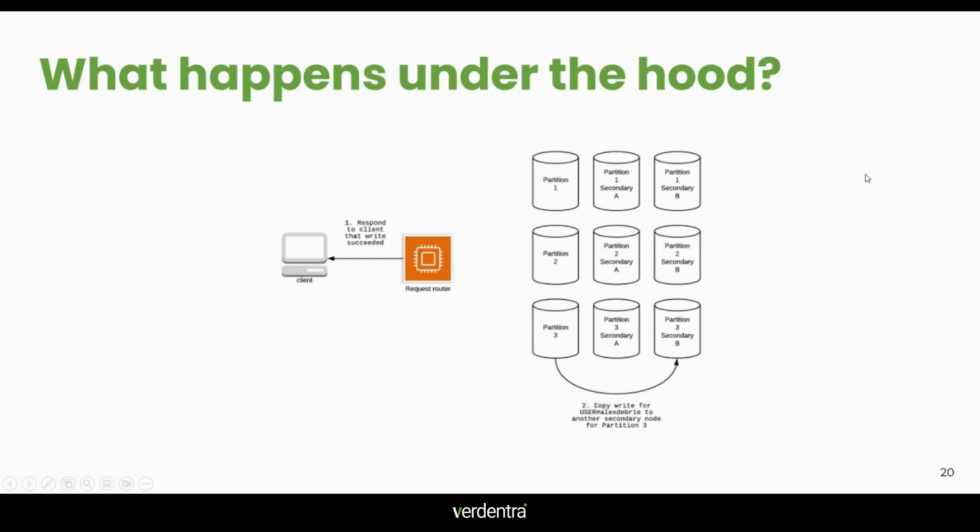And there's a way that you can guarantee that: DynamoDB provides strongly consistent reads, as they call it, so that a strongly consistent read will always read from the primary, so you always have the latest data.